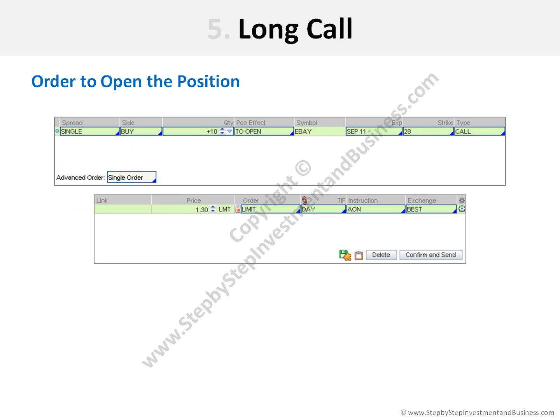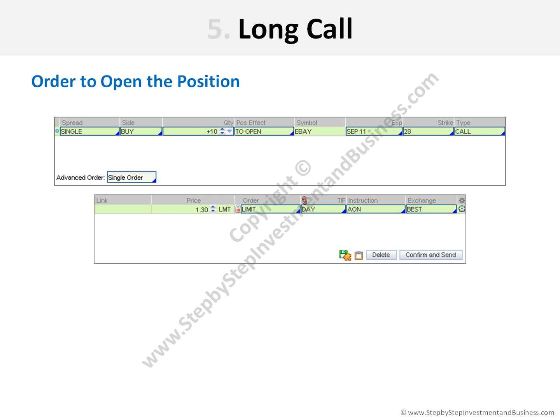Here we can see the order we must enter to open the position. It consists of buying 10 eBay calls with a strike price of $28 and expiration in September 2011. In the Side column, we select the action Buy to indicate the purchase of options, and in the Position Effect column, we select the option To Open to indicate that we want to open a new position.